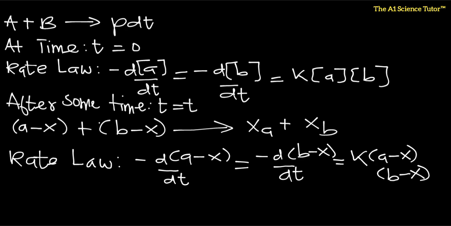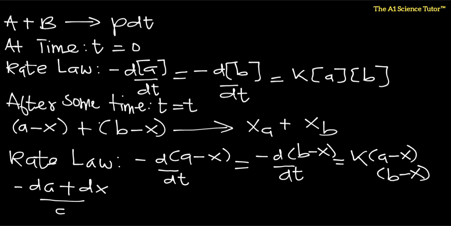Now you should know that it's possible for me to expand this stuff. So basically it will look this way. You're going to have a negative dA. Now let us use negative d to FOIL these brackets. So if I multiply negative d by A, that should give us negative dA. And if I multiply negative d by negative x, that will basically give me dx.